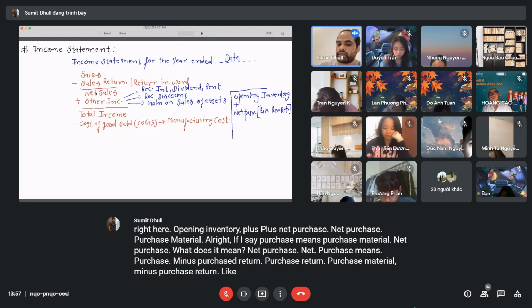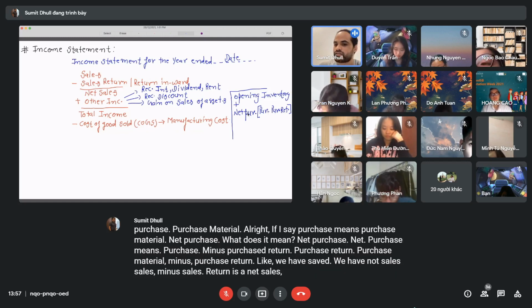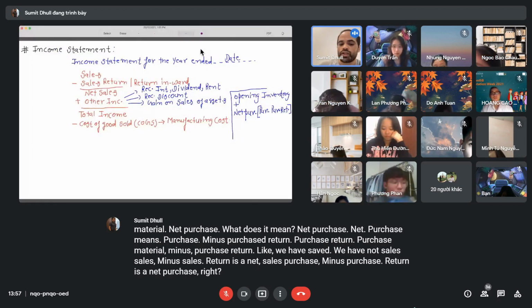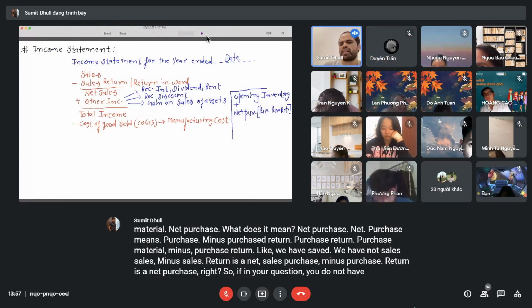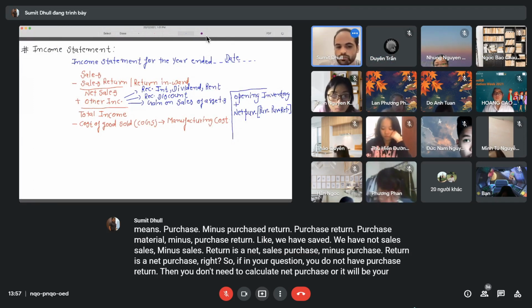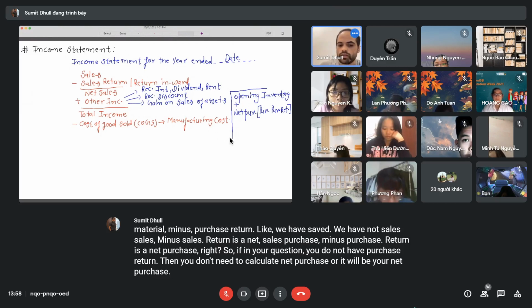Like we have sales, we have net sales. Sales minus sales return is net sales. Purchase minus purchase return is net purchase, right? So if in your question you do not have purchase return, then you don't need to calculate net purchase, or it will be your net purchase, right?